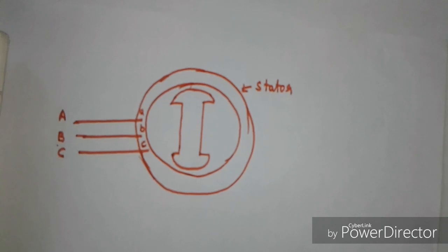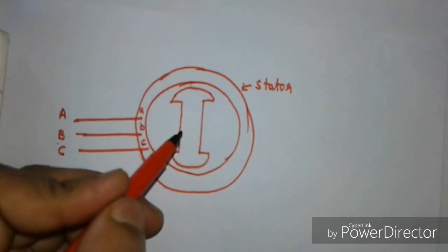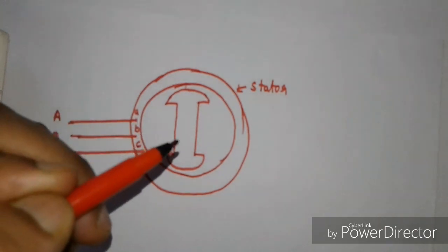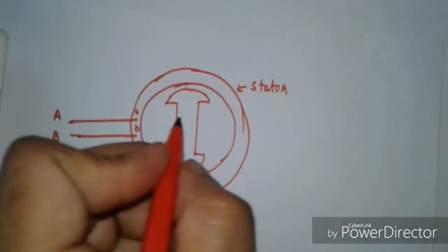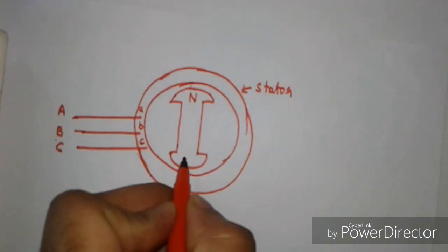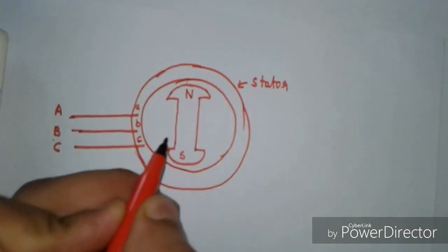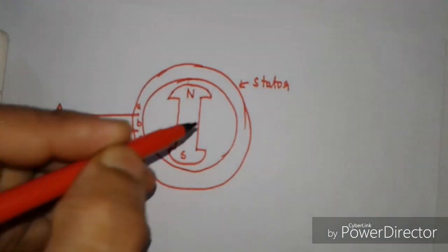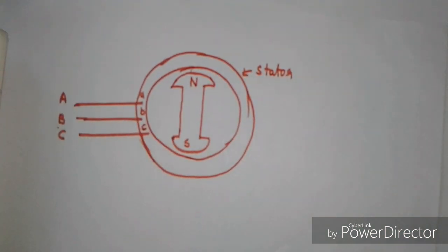Let us say for a moment that we have somehow energized this rotor, and the rotor is a magnetic rotor, that is, it is a magnet which has north and south poles.